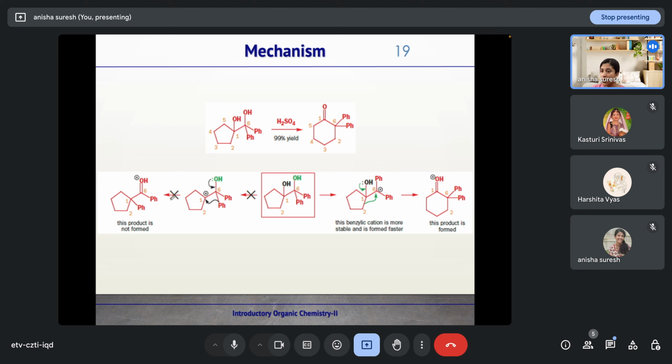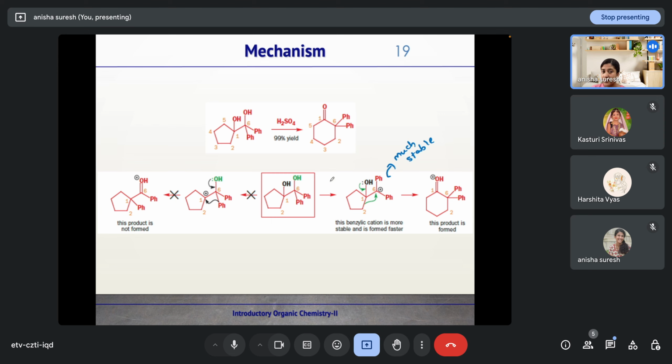But this product is not getting formed. What is the reason? When this OH is protonated and removed, this carbocation is formed at the benzylic position of two phenyl groups. So this will be much more stable compared to the other carbocation that is getting formed.